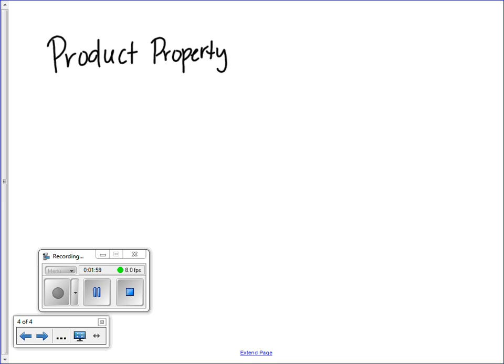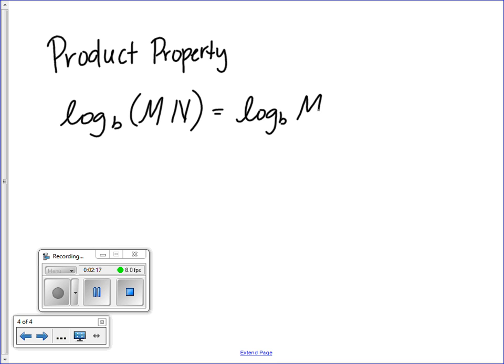The product property says that if you have two numbers multiplied together, log base b of m times n, then you can split that up. You can expand that to log base b of m plus log base b of n.